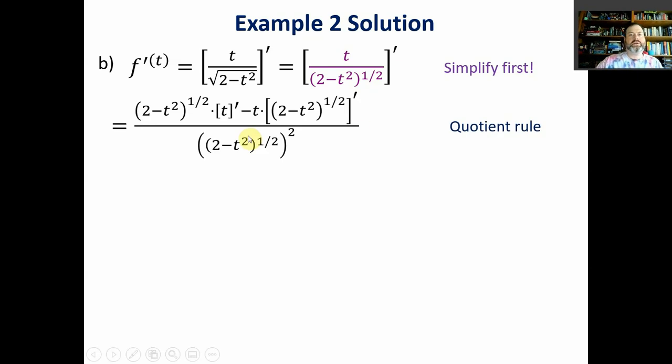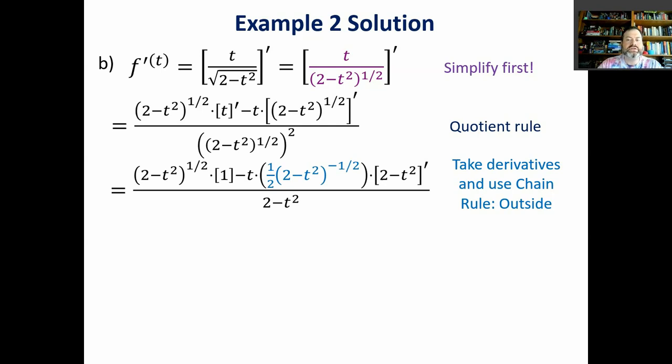So here I'm using prime notation. So it's the low function times the derivative of the high function minus the high function times the derivative of the low, all over the low function squared. Notice I'm not evaluating any of these derivatives yet. I'm not simplifying. I'm just filling in the quotient rule.